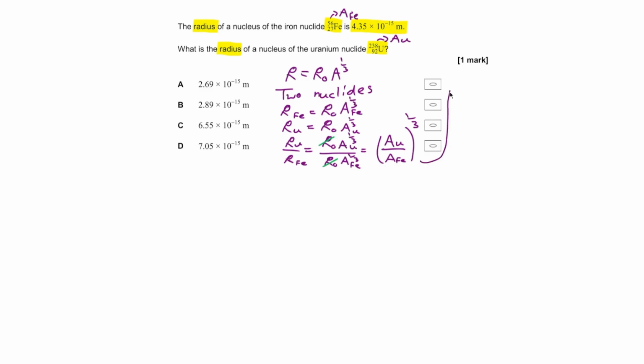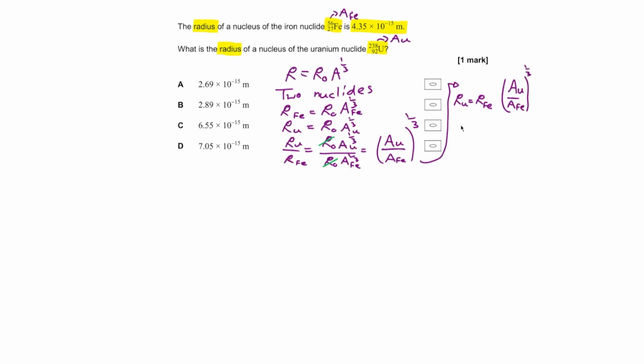Therefore, we can write an equation for R U in terms of the other 3 variables that we know. Specifically, R U is equal to R Fe, which we're given, multiplied by A U divided by A Fe to the power of a third.